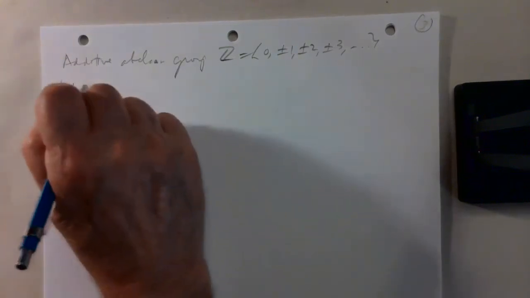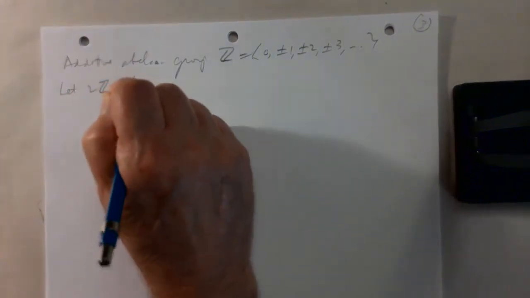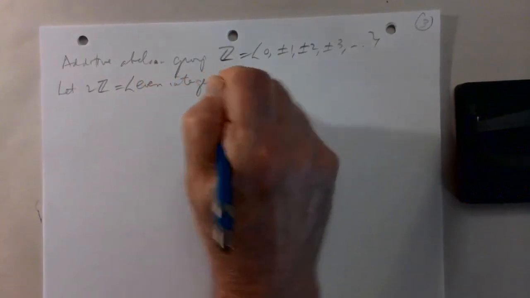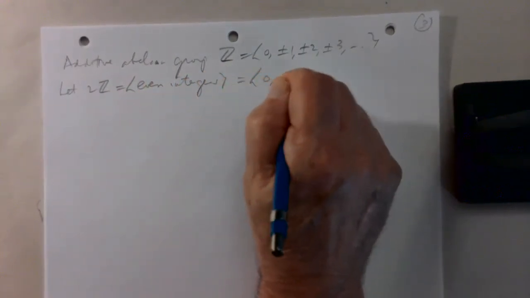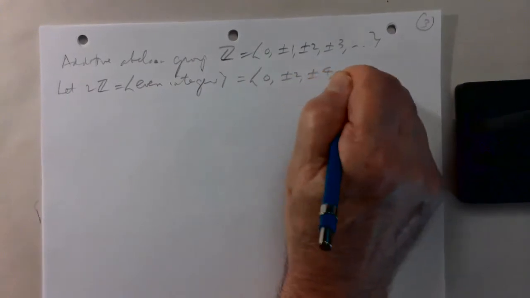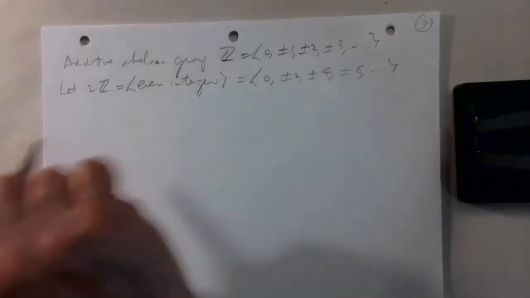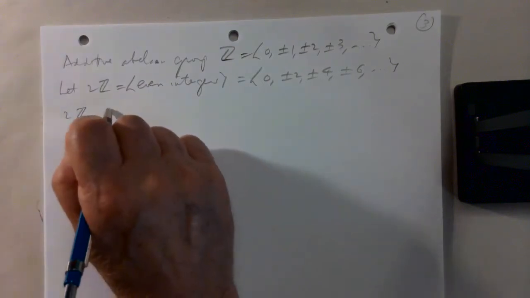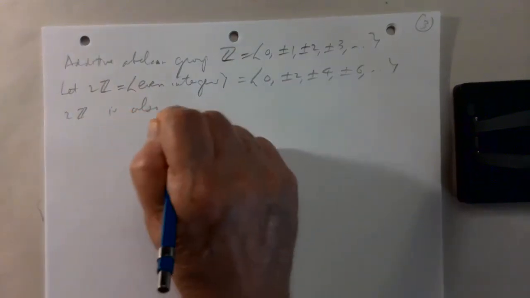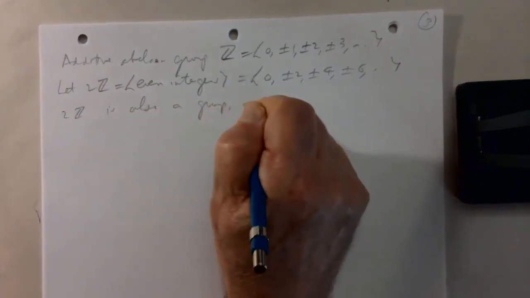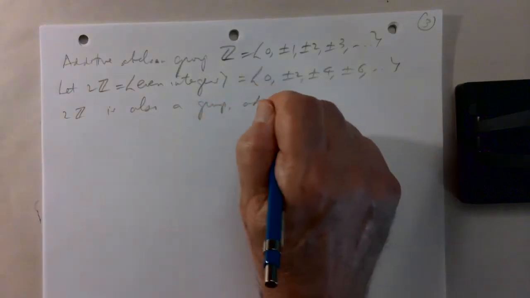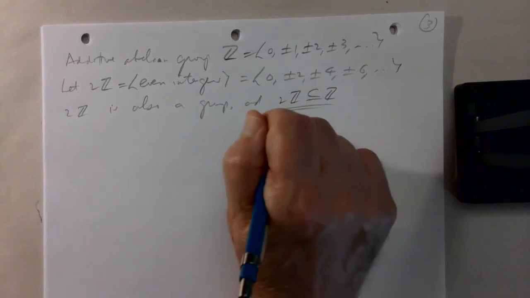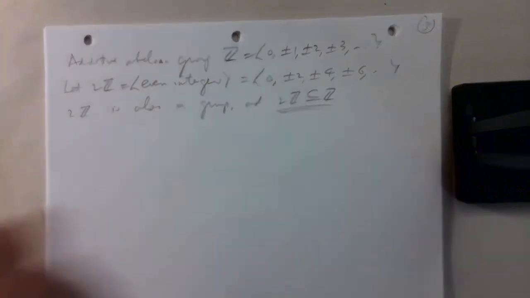Suppose I let 2Z be the set of even integers: 0, plus or minus 2, plus or minus 4, and so forth. So 2Z is also a group, and it's a subset of Z. So this is an example of a group and a subgroup.